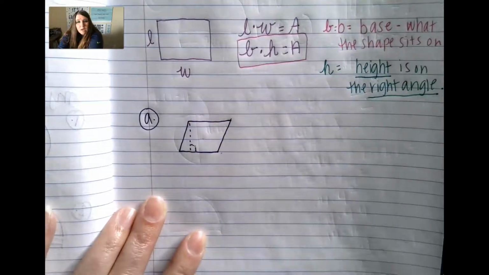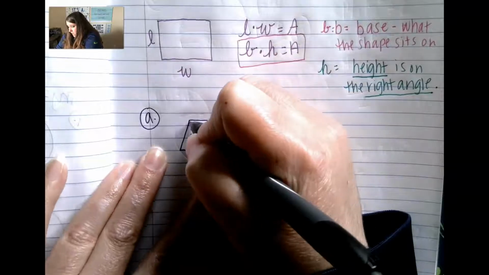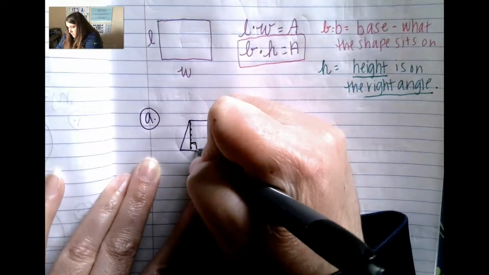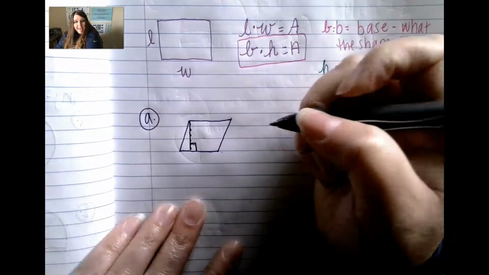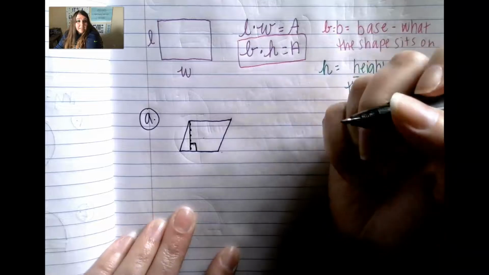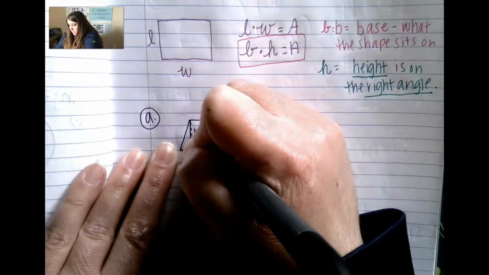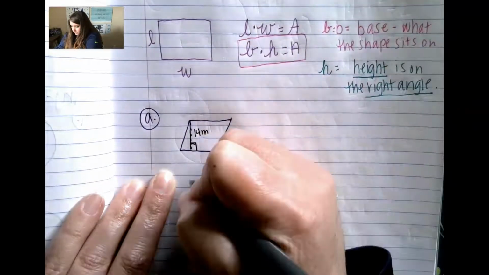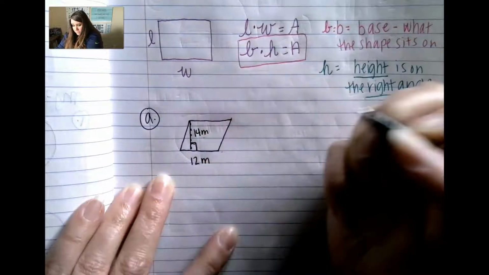So we use this dotted line, which makes a right angle, as the height, because the side is slanted at an angle. This is 14 meters, and the bottom is 12 meters.